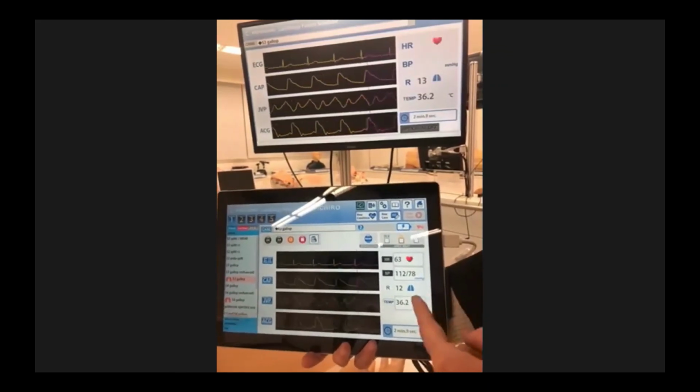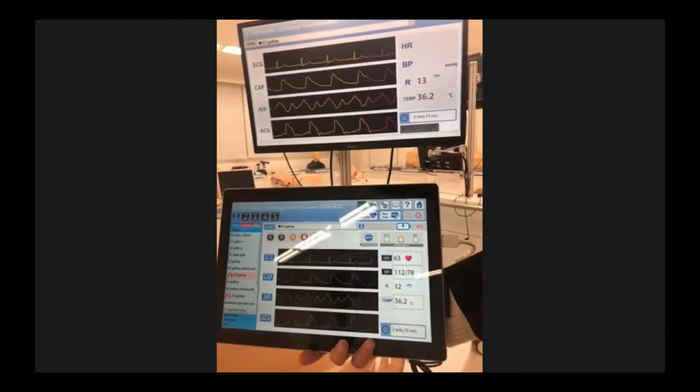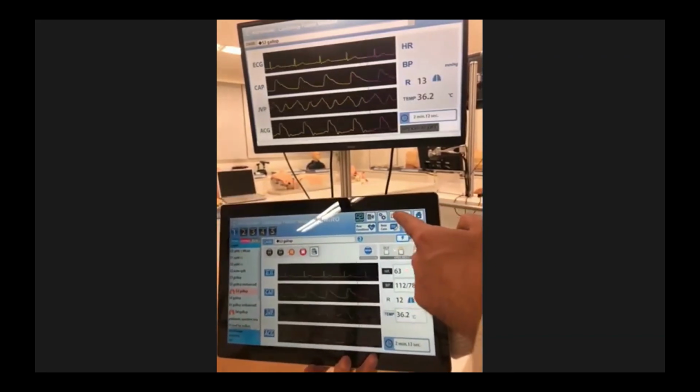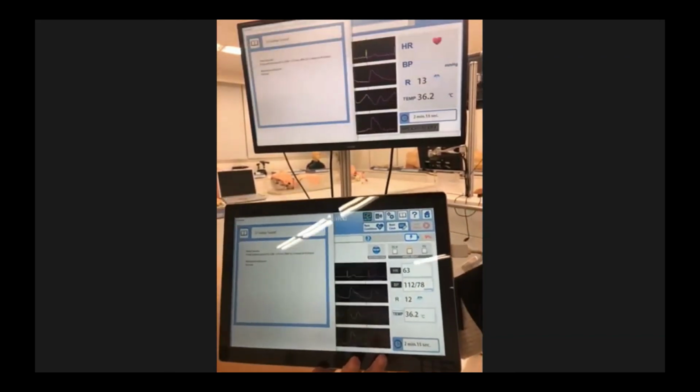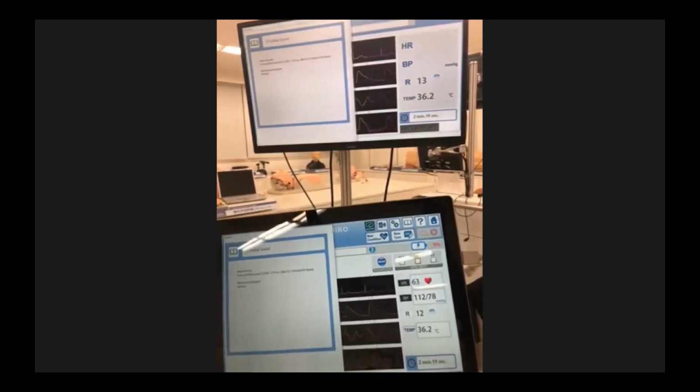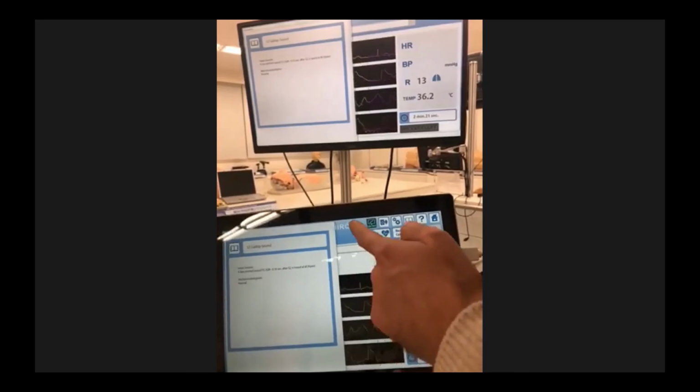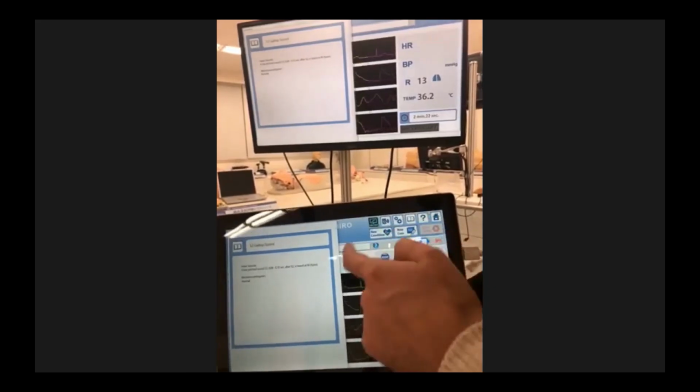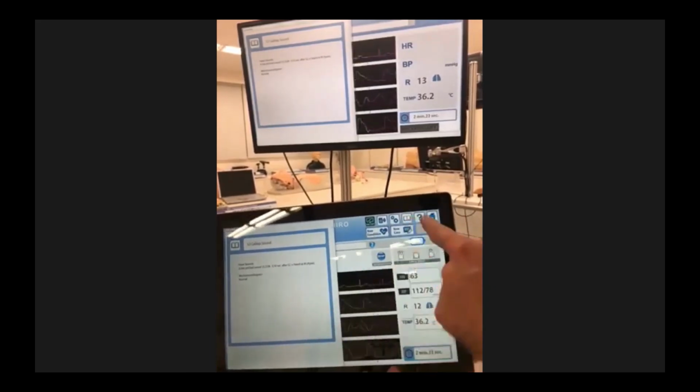And also, we have here an open book icon that gives us a very brief explanation about the sound that we are looking at. So it's very easy to use.